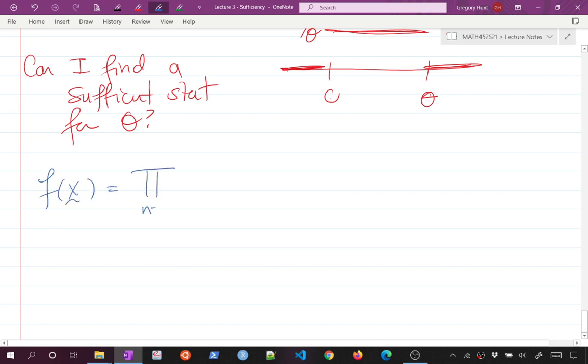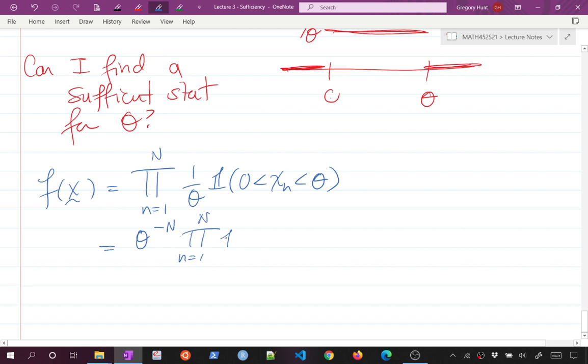What's our joint distribution? 1 over theta times the indicator that our x sub n's are between 0 and theta. And so let's write it as theta to the negative n times this product of indicators that the x sub n's are between 0 and theta.